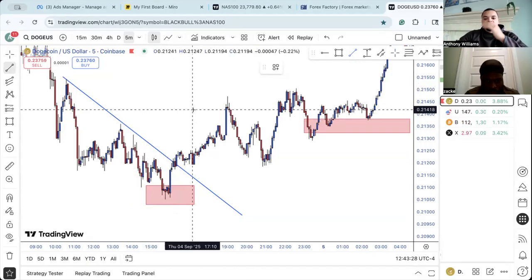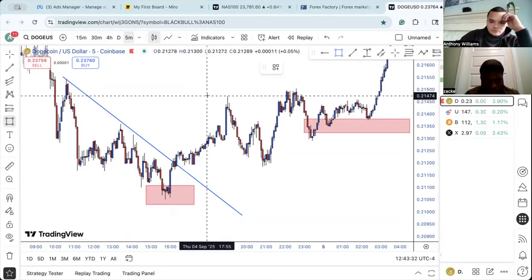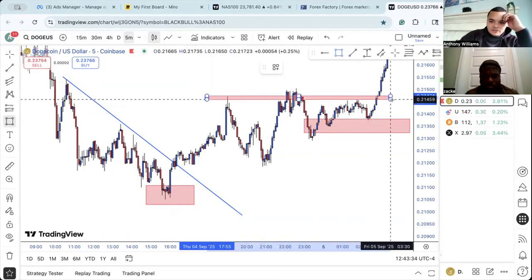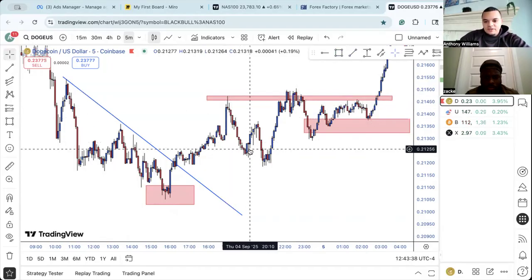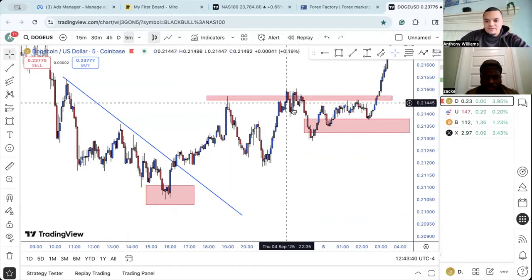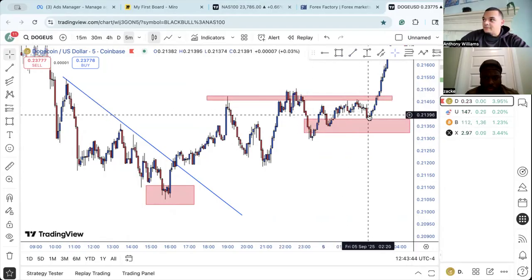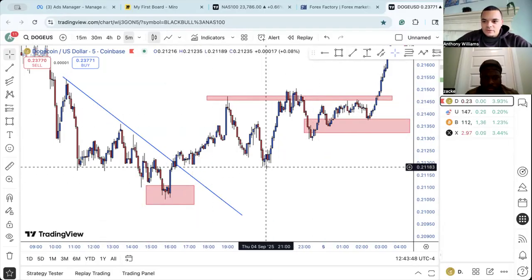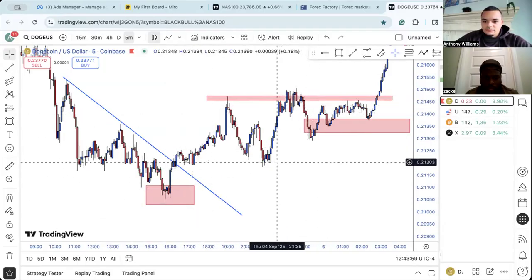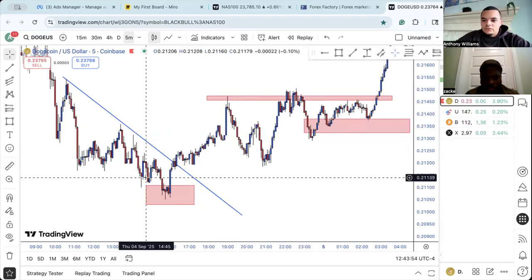Support and resistance. So resistance is this. When price came up and shot back down, that's resistance. It came up, resistance shot it down. Came up, resistance shot it down.